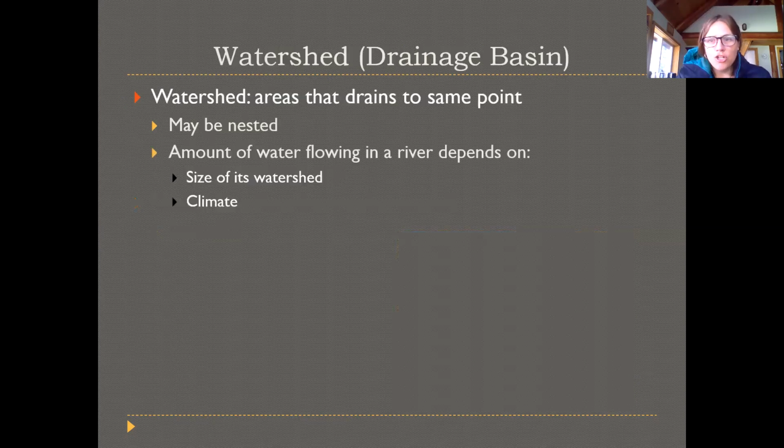Okay, so I just mentioned a term called a watershed, and that might be a term you've heard before, but just to make sure everybody knows what I'm talking about, a watershed is an area that drains to the same point. So basically, if you look at all the hill slopes around you and you imagine it started to rain on those hill slopes, the water we know runs downhill.